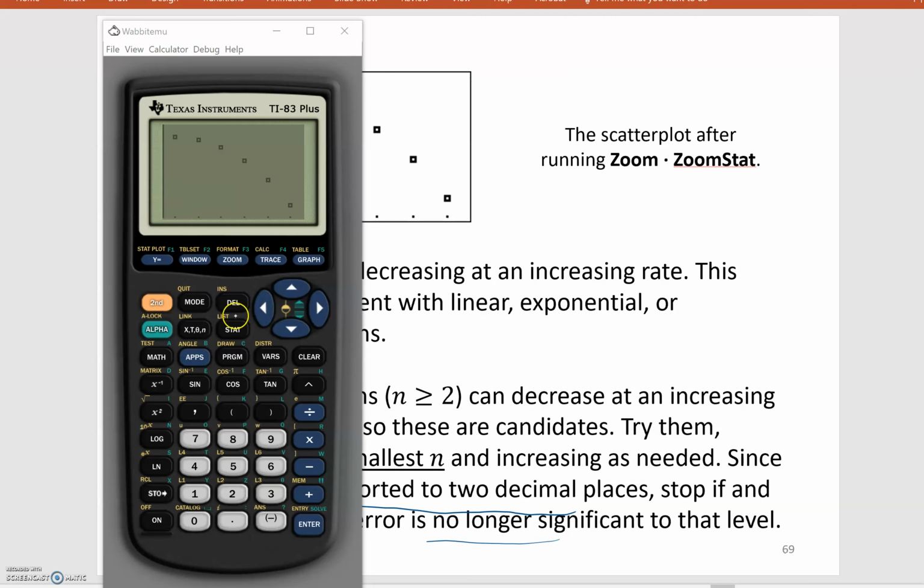All right, so let's do quadratic. And I'm going to immediately calculate the SSE. And I'm going to immediately calculate the average error.